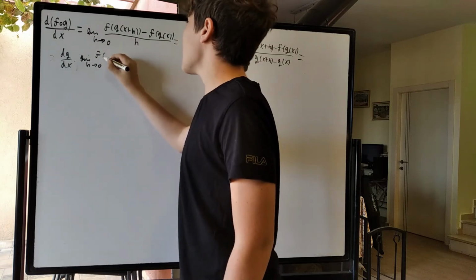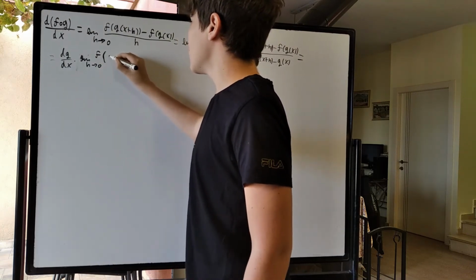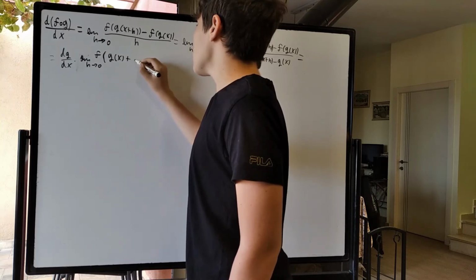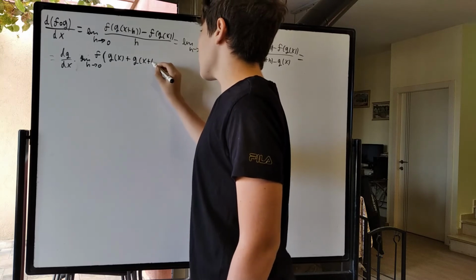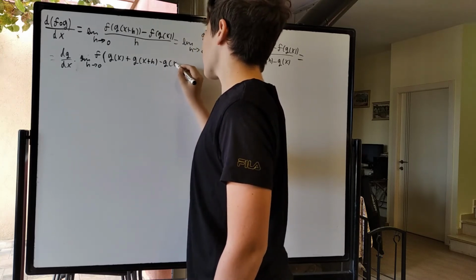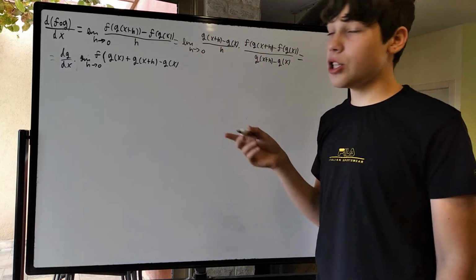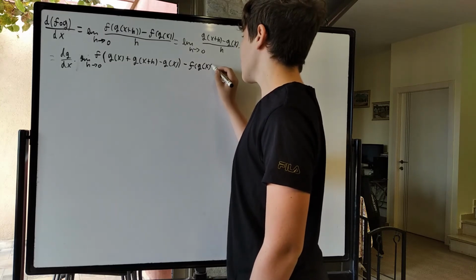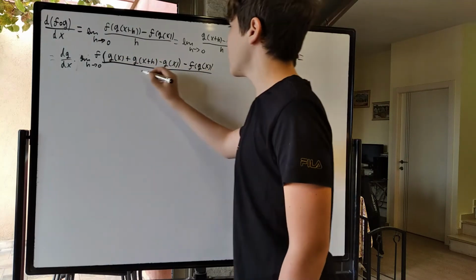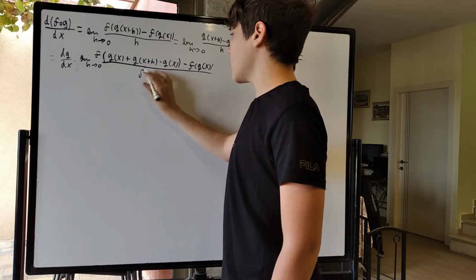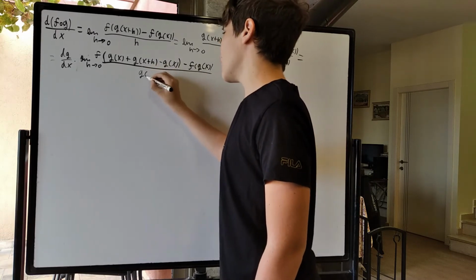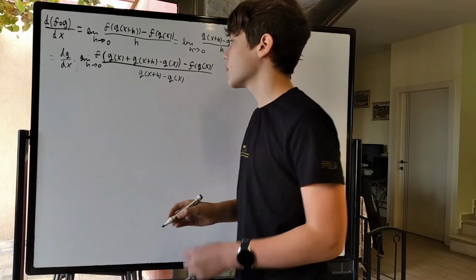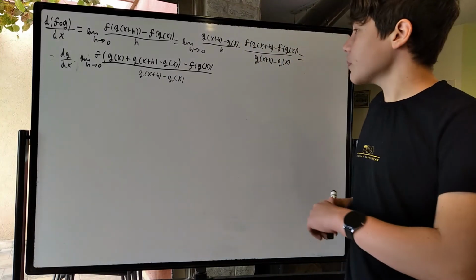So I'm going to write it as f of g of x plus g of x plus h minus g of x, minus f of g of x, over g of x plus h minus g of x. So all I did is add and subtract g of x. Now let's see here.